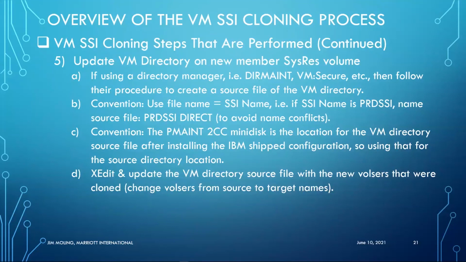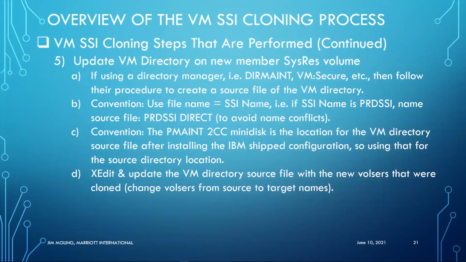When you first install that ship configuration, you have this monolithic user direct file with everything in it, and as soon as you introduce a directory manager, that kind of goes out the window. So you have to open the window and bring it back, right?